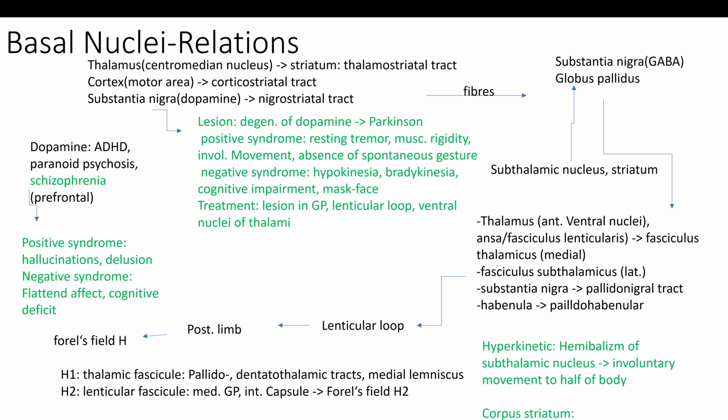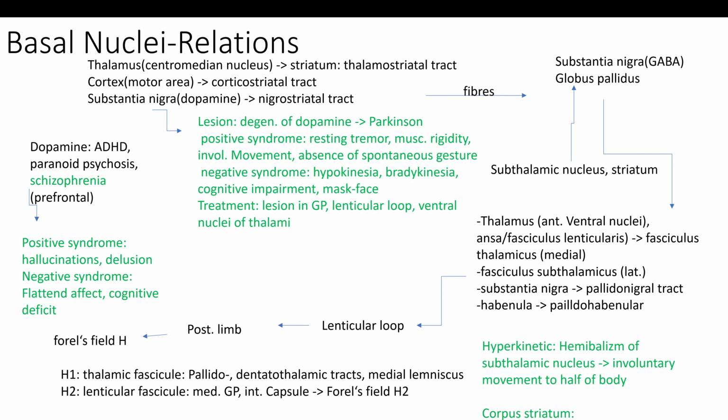The lateral part of globus pallidus, extending to the substantia nigra, forms the pallidonigral tract, and the habenula forms the pallidohabenular tract. From the lateral portion of globus pallidus, below the internal capsule, we have the lenticular loop.